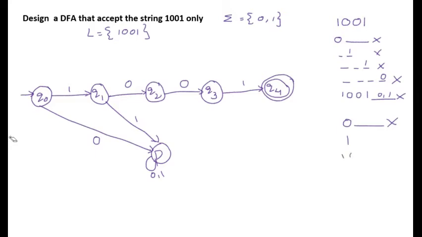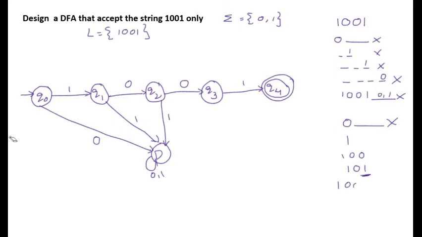Suppose 100 is there, so it will reach the state Q3. After 10, if 1 is seen, that means Q2 on 1, the third symbol is becoming 1. So it is against the rule. So it should not reach the final state. So it should be connected to the dead state, that is 1.